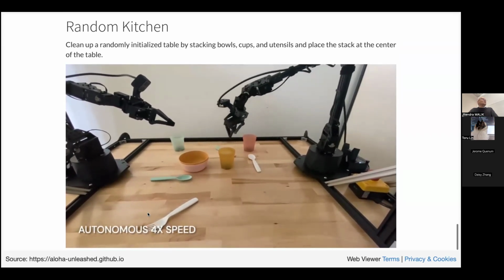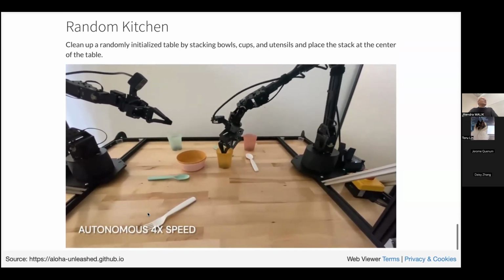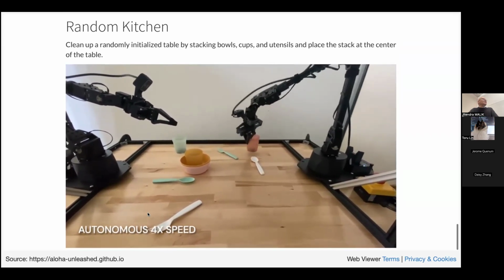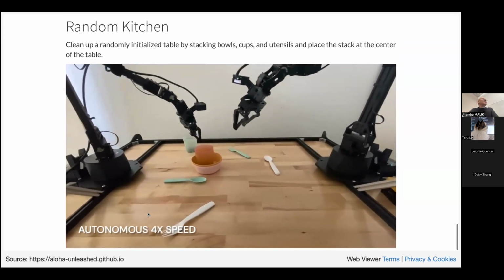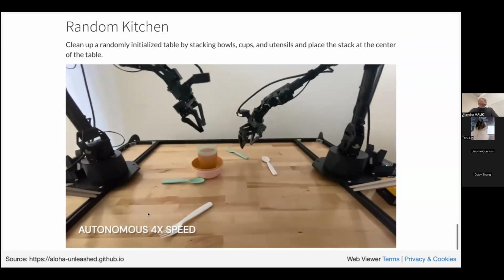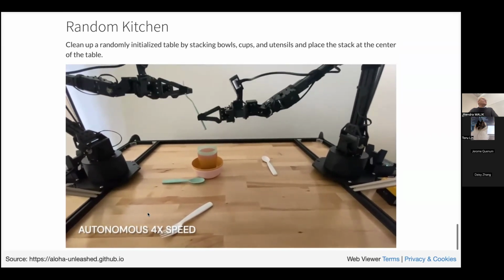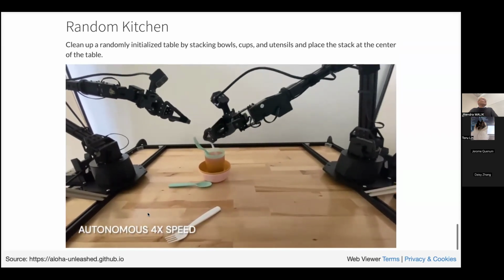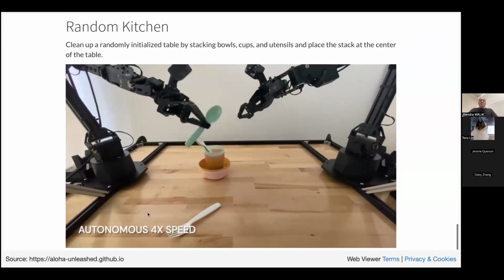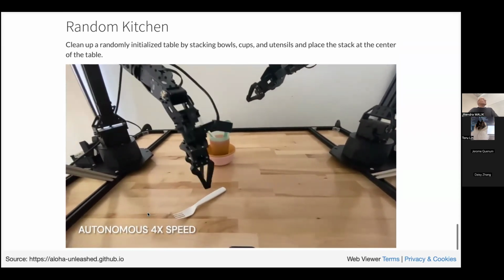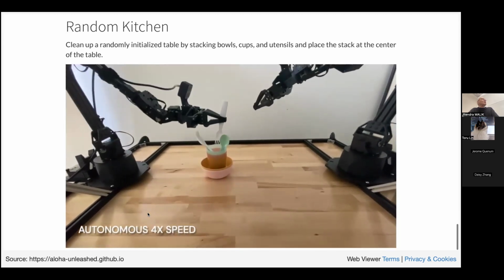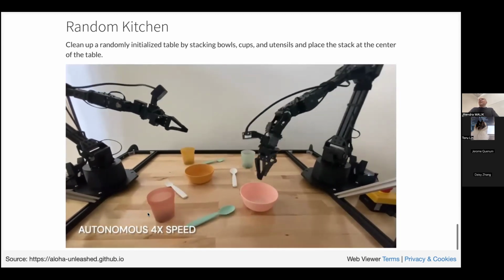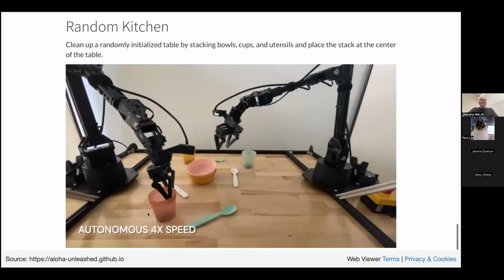So they put a cup in. Okay, so that's a success, right? So this is tidying a kitchen.